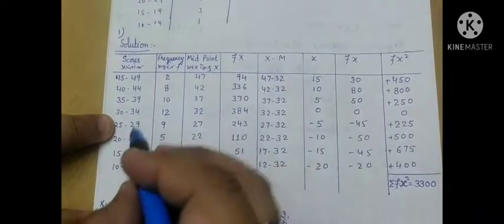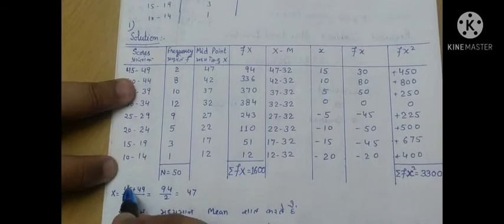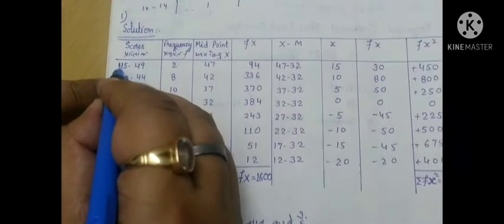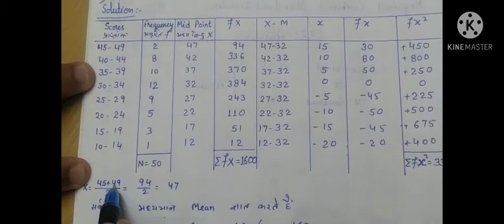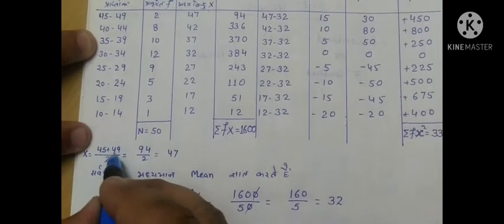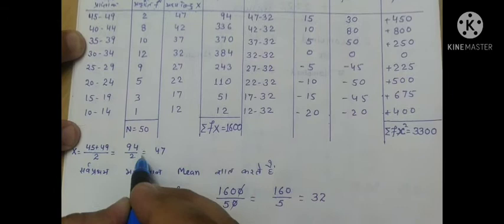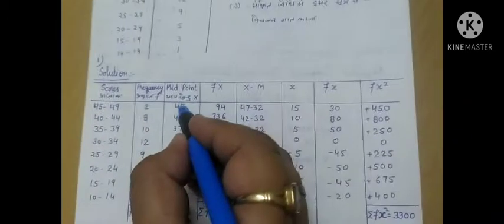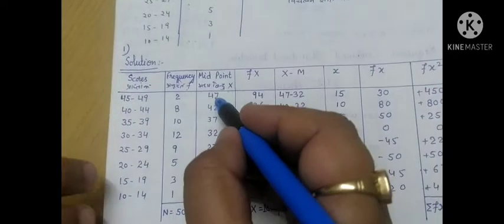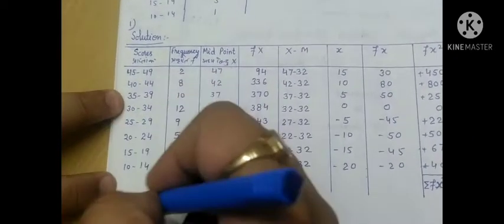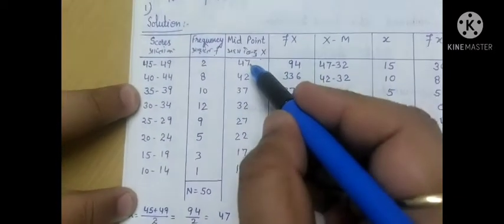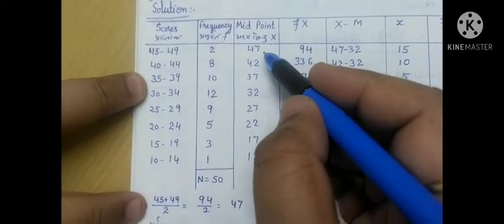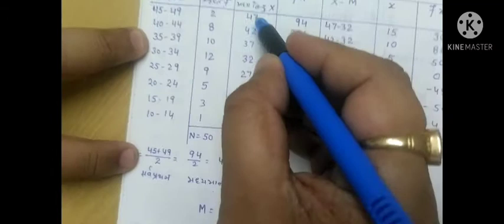So first we will prepare this midpoint column. Midpoint is obtained by adding the lower limit and upper limit. Here I have written 45 plus 49 divided by 2. This gives us 94 by 2, which is equal to 47. For getting other midpoints, there is no need to repeat this method again and again. We will simply subtract 5 from the previous one.